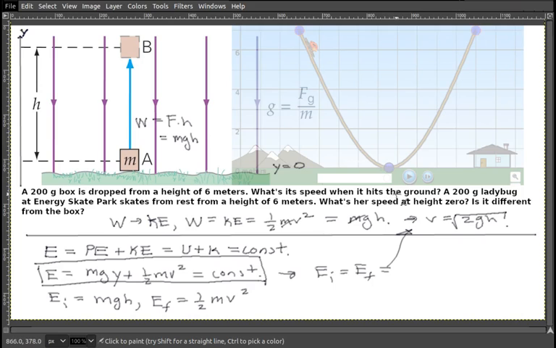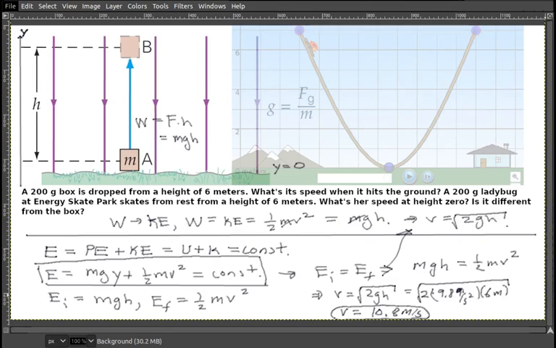But for the purposes of this problem, the speed when she's at 0, at ground level, is the same for both. They have the same mass and everything else. Although we see the mass factors out of the problem, so that's great. Now we just need to put in the numbers. So any way you want to look at it, the situation is the same in both cases.